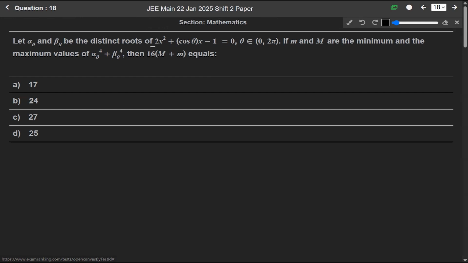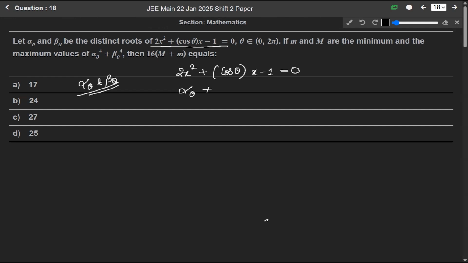So we are given 2x square plus cos theta x minus 1 equals to 0, and it is saying that alpha theta and beta theta are its roots. So if alpha theta and beta theta are its roots, then the sum of the roots is equal to minus b over a, so it will be minus cos theta over 2, and the product of the roots is c over a, meaning minus 1 over 2.